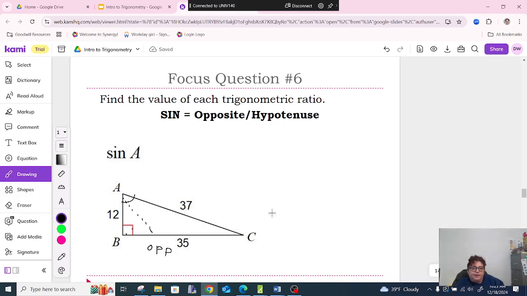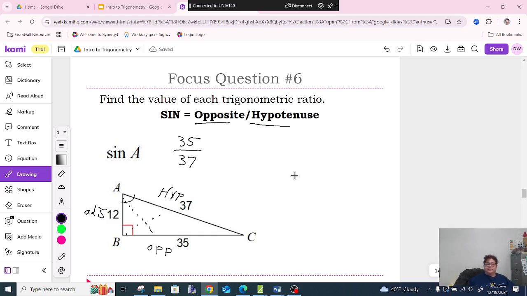You label hypotenuse. And then you label adjacent. Now, I know that sine is opposite over hypotenuse. So it is 35 over 37. And that can't be reduced.